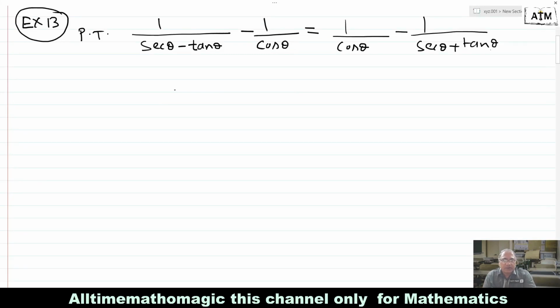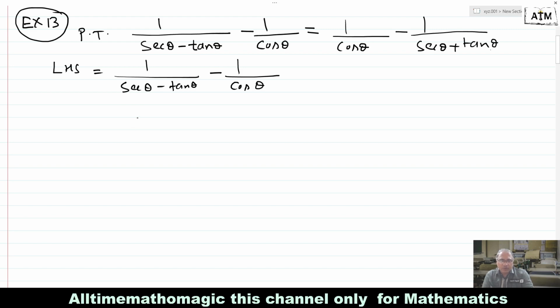Example number 13. Prove that 1 upon (sec theta minus tan theta) minus 1 upon cos theta equals 1 upon cos theta minus 1 upon (sec theta plus tan theta). Now first of all I take LHS. In LHS we have 1 upon (sec theta minus tan theta) minus 1 upon cos theta.